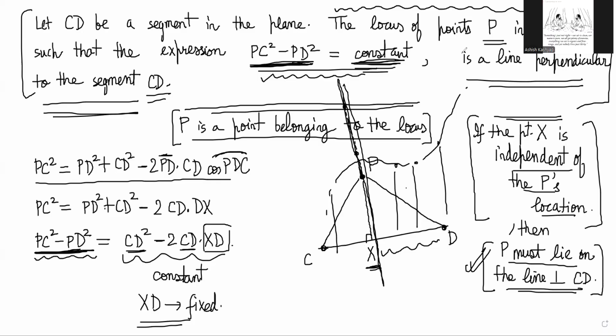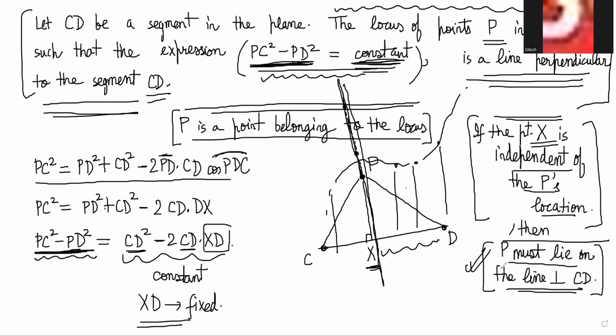Basically, we're saying that the locus of points which satisfy this, if it has to be a line perpendicular to the segment CD, then the point X has to be independent of the position of P. No matter where P is, X should be the same, the foot of the perpendicular on CD, right? Yes. Then only we can say that P is lying on the perpendicular line.